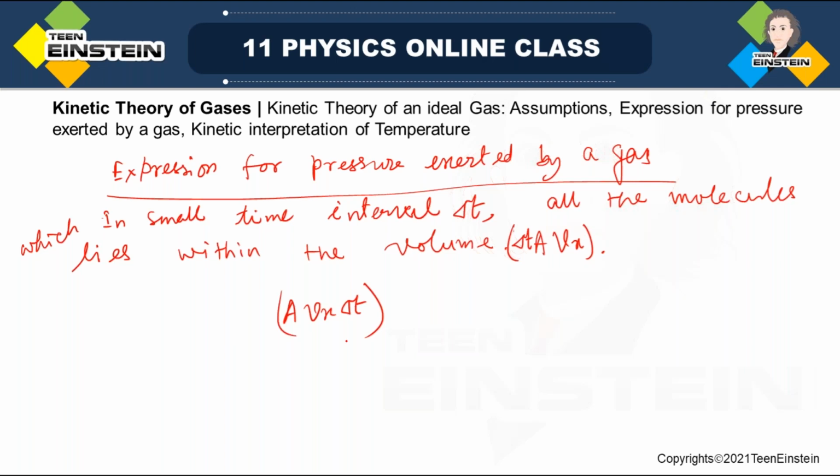Now we had an expression for the change in the linear momentum for a single gas molecule. But now if we go for n number of molecules, the figure will change. Okay, that will be a huge figure.